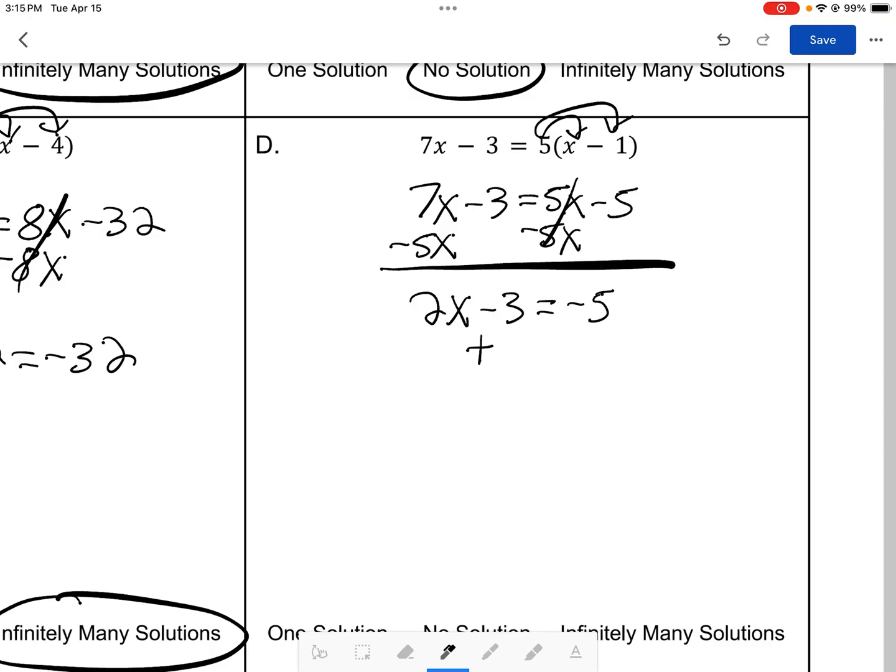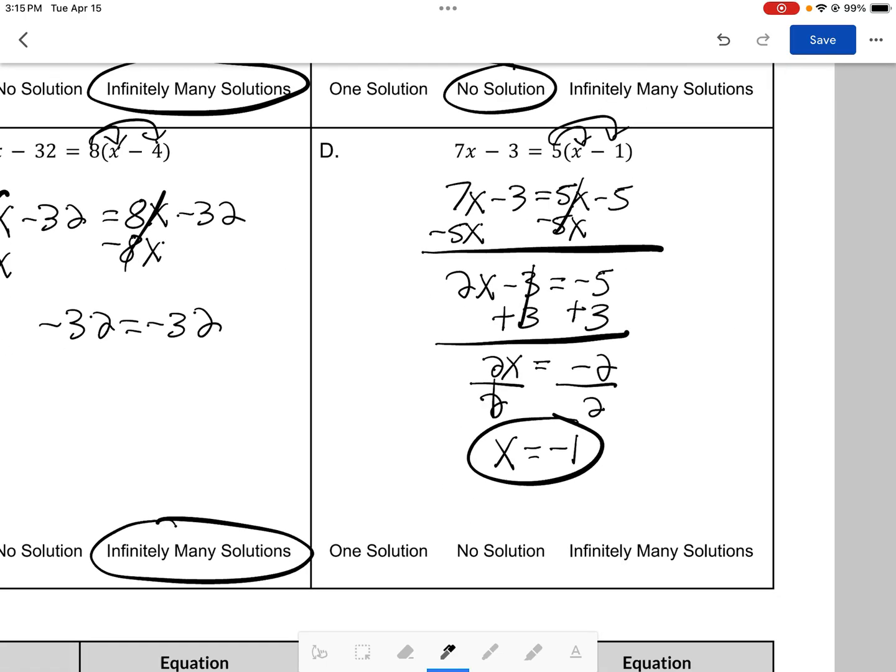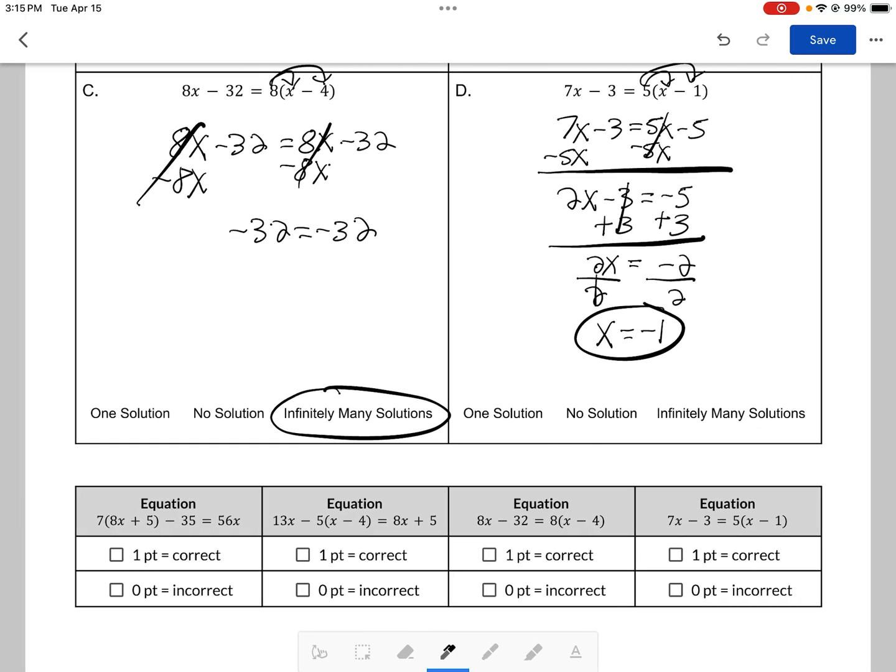I'm going to add 3 to both sides. The 3's cancel. Negative 5 plus 3 is negative 2. I'm going to divide both sides by 2. When I do that, I get x is equal to negative 1. And so this would be a one solution problem.